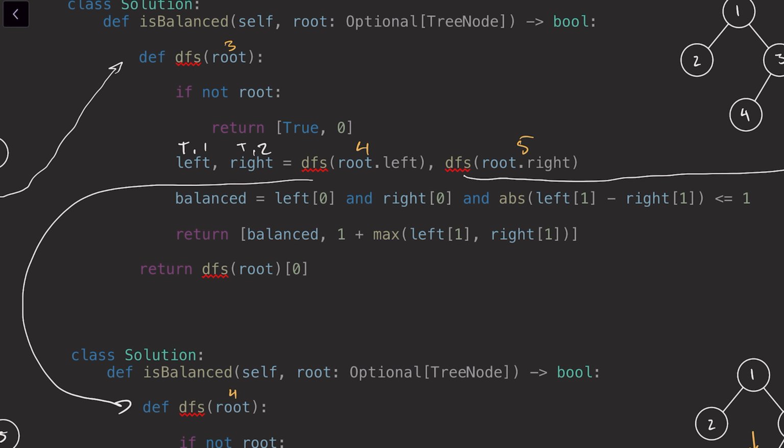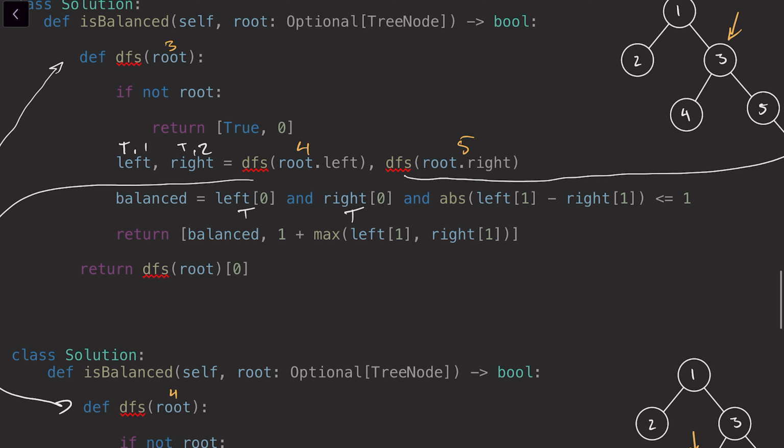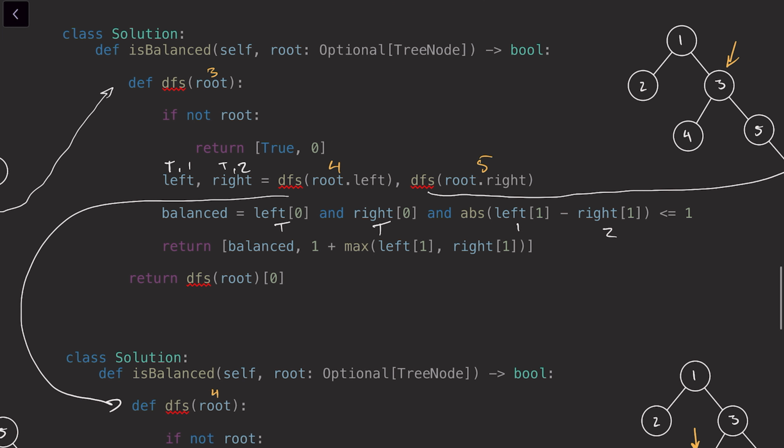So the left will be balanced, the right will be balanced. And now let's take a look at if there's any difference. So the left will be a height of 1, and the right will return a height of 2. So 2 minus 1 is 1.